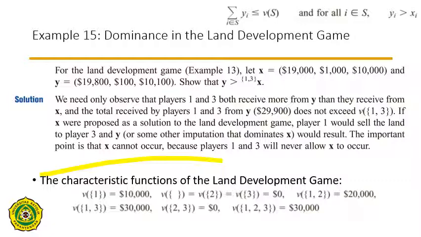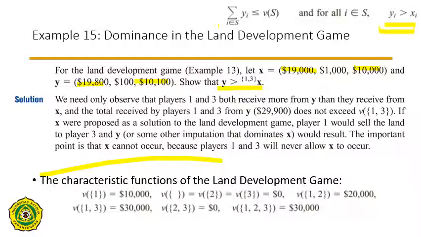So it says y dominates x through the coalition of 1, 3. So let's check if yi is always greater than xi. y1 is greater than x1, so that's correct. y3 is greater than x3, which is also correct. So this condition is satisfied.